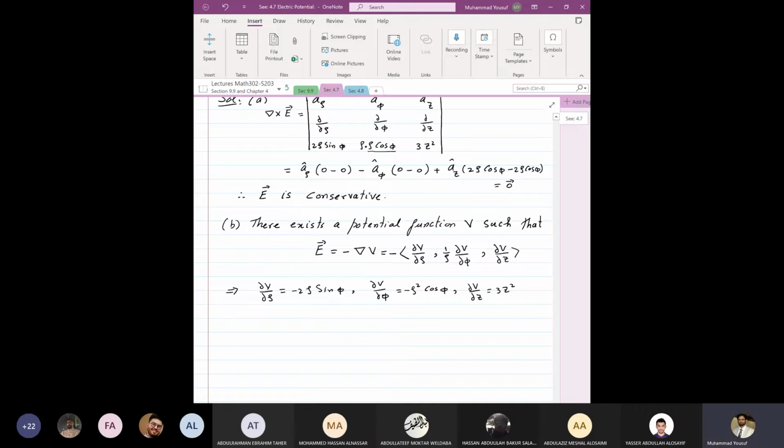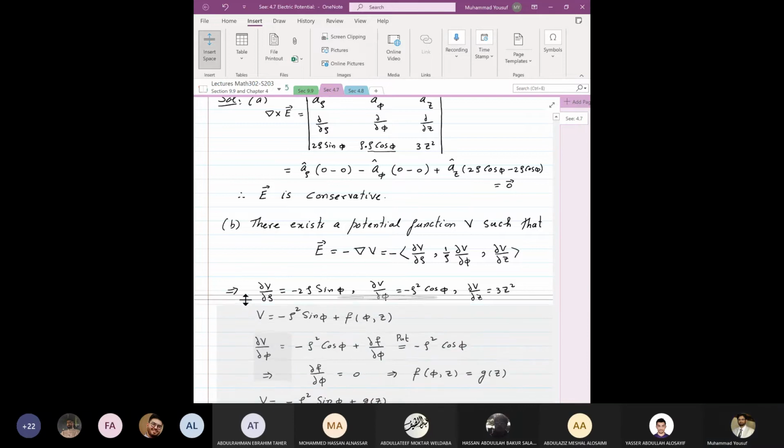Okay, so now let me delete the extra space. So we take the first one, integrate with respect to rho, and get negative rho square sine phi plus a constant of integration, function of phi and z. Then we take the derivative of this with respect to phi, negative rho square cosine phi, and put it equal to partial V by partial phi, minus rho square cosine phi.